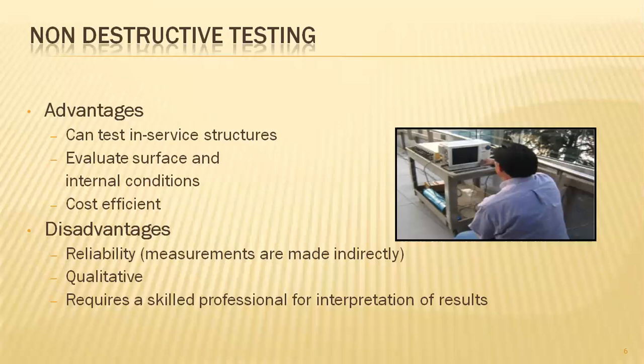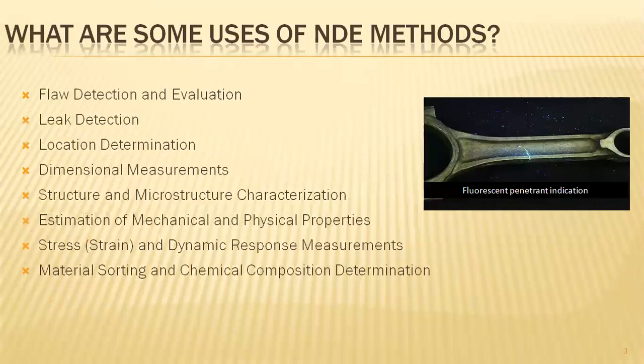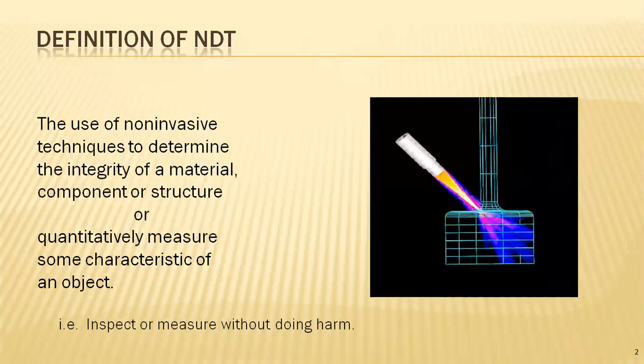As far as destructive testing is concerned, if the process is known to the worker, he alone can perform the task. But in the case of non-destructive testing, the task will be processed only by a skillful worker. So that is the basic difference between these two methodologies, the destructive type and the non-destructive type.